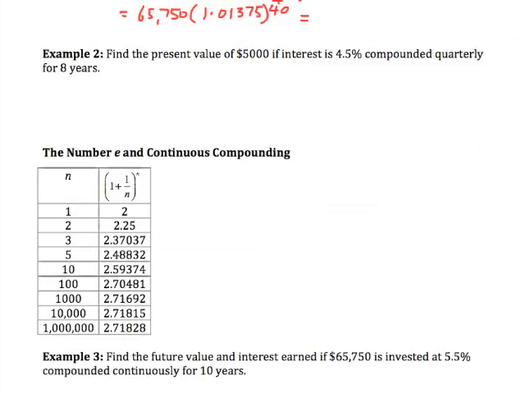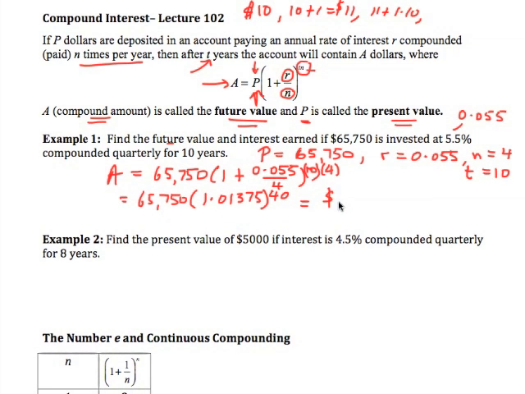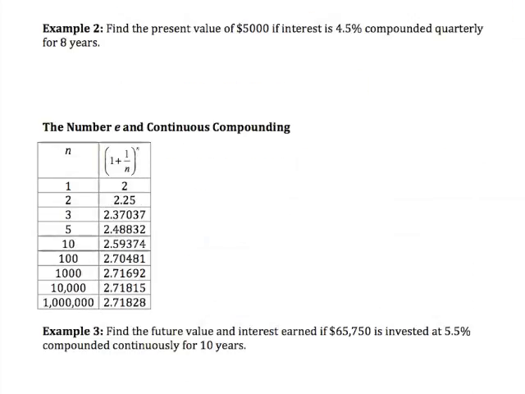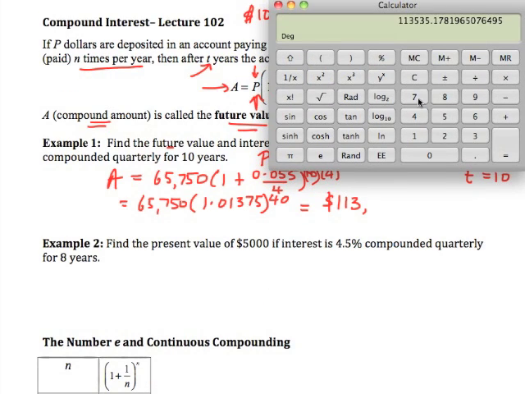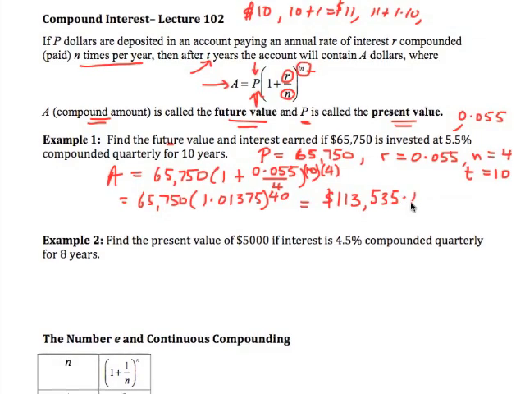Okay, so we apply our calculator to this. Okay, so here we go, and we're going to raise this to the power of 40, and we get this, and now times by 65,750, and we're going to end up with 113,535.18.